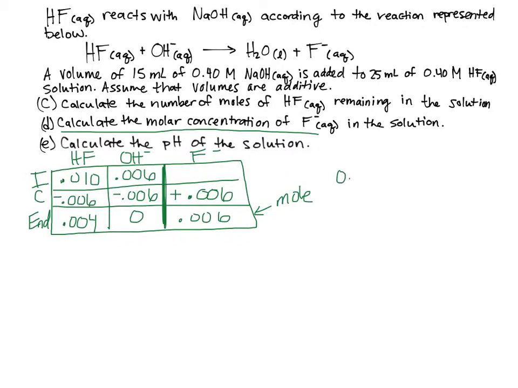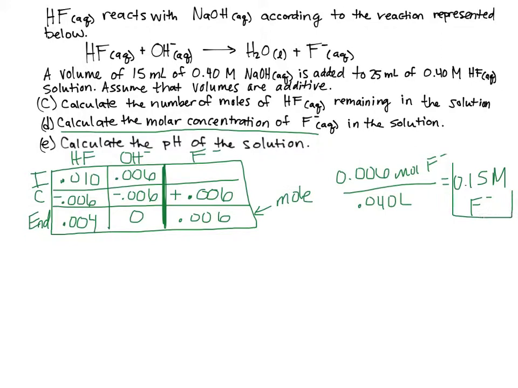So 0.006 moles of F minus divided by the total amount, which was 40 milliliters, but since we're doing molarity, we're going to make that 0.040 liters. This will give us 0.15 molar fluoride ion. Go ahead and box that answer, and that's totally the end of part D.